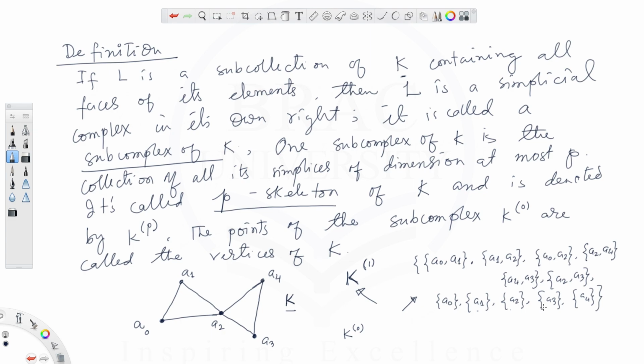Okay, good. So far we have talked about simplicial complexes, but we did not give any topology on this complex. Now we'll study the possible topologies we can put on the structure of a complex.